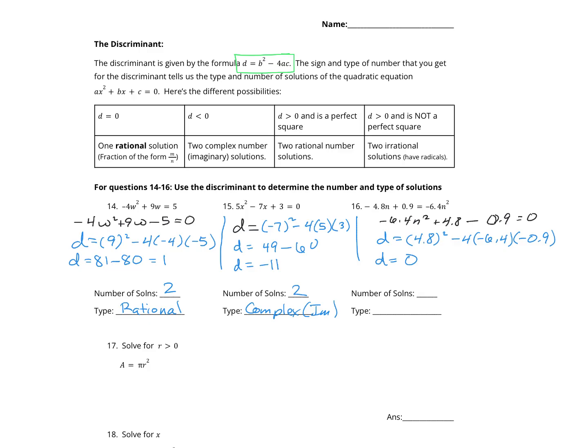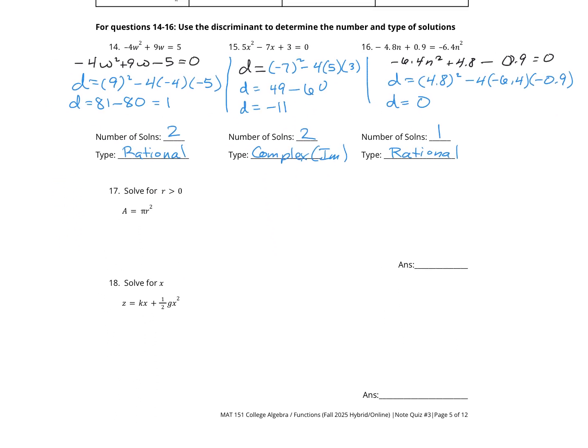We go to our table instead and see that d equals 0 gives us one rational solution. Again, the discriminant tells us what we're going to expect for types of answers and never tells us the actual answers.